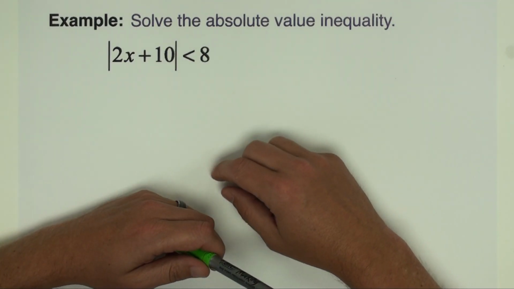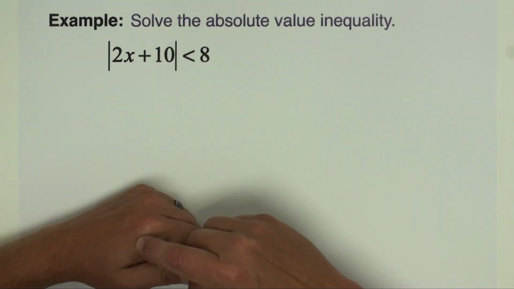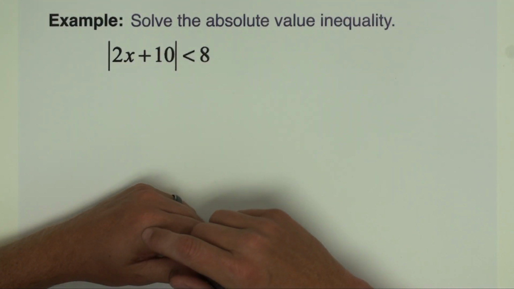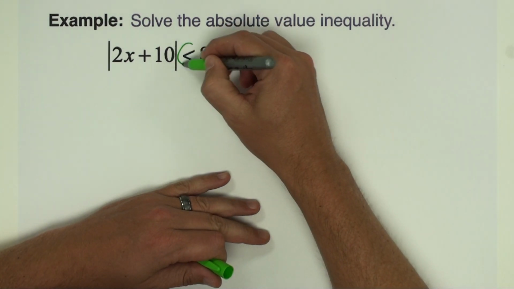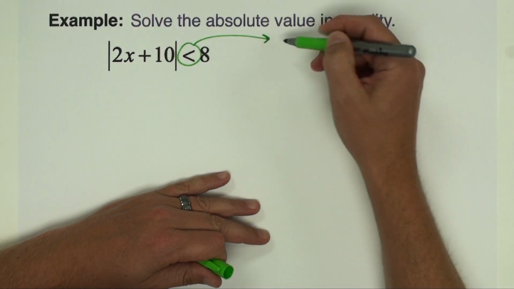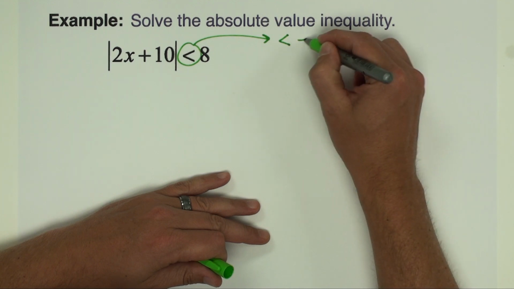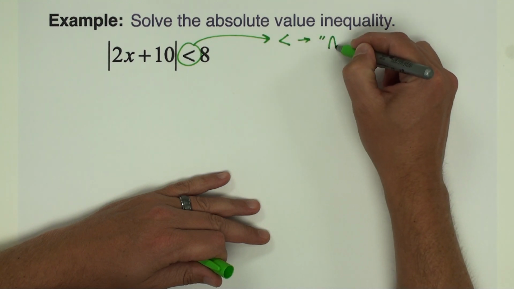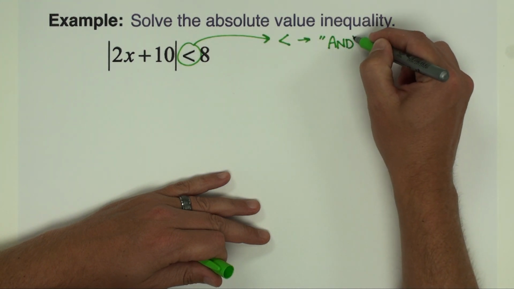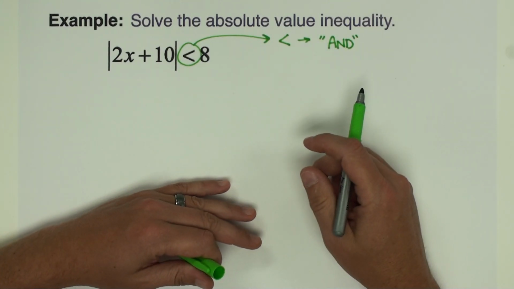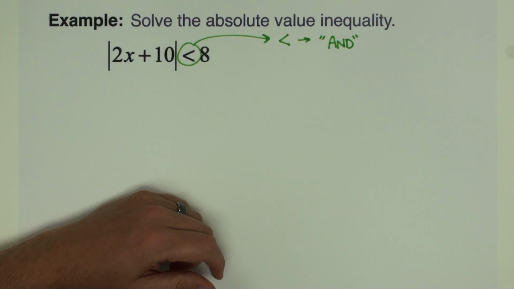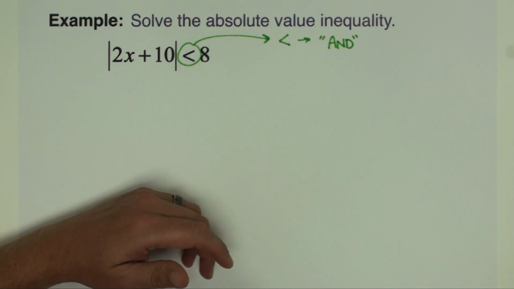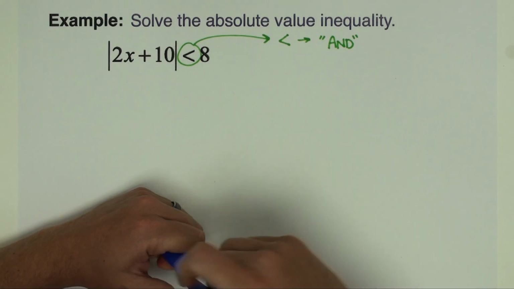All right, the first example says the absolute value of 2x plus 10 is less than 8. So the first thing you need to do is consider the inequality that we have here. This is a less than, which indicates that we are going to combine these in an and statement. Now, there are 2 ways that you can rewrite this, and I'll show you both, and then you can decide which one you're going to choose.